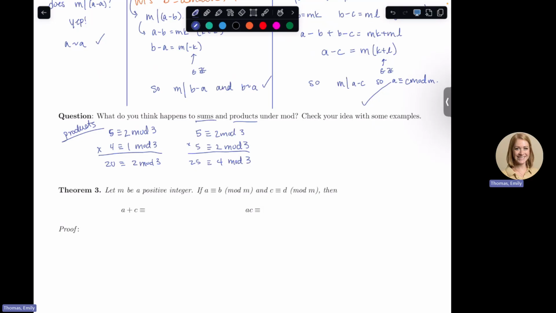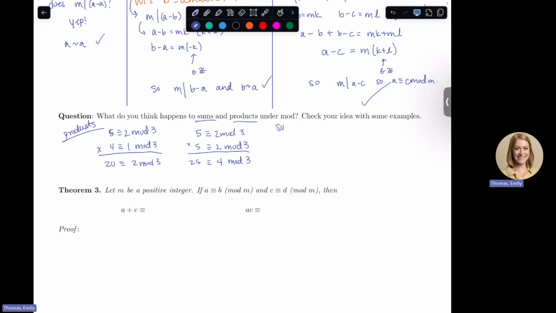Good. Other questions about products under mod? You multiply the remainders too, which is kind of good.